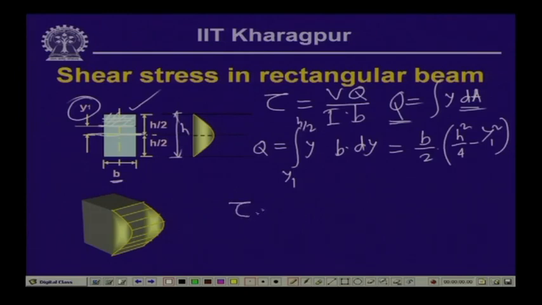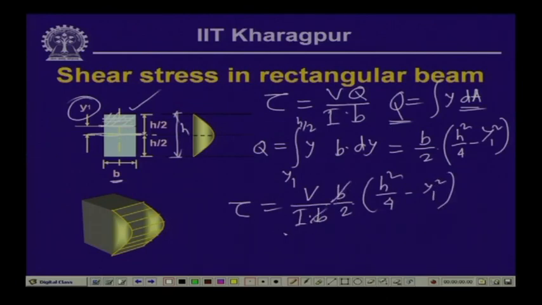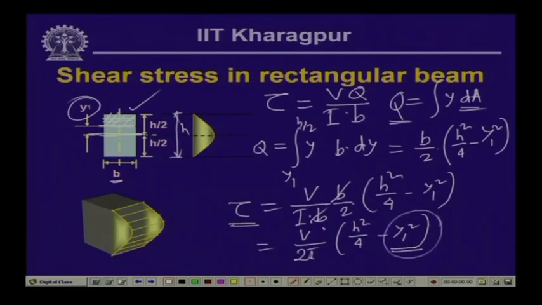So, tau is equal to V by I b times b by 2 times h square by 4 minus y 1 square. b gets cancelled, so this is equal to V by 2 I times h square by 4 minus y 1 square. Please note that the shearing stress tau varies parabolically across the depth; it varies with y 1 square.